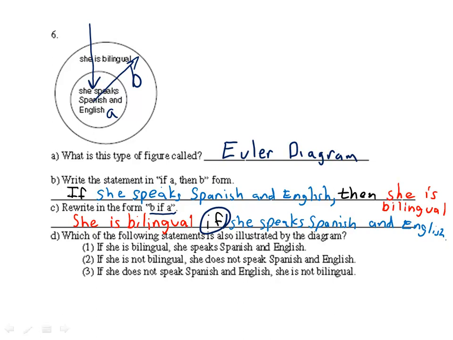She does not speak Spanish or English. Number 2 does. The Euler diagram will show two of our true statements. The conditional statement, if she speaks Spanish and English, then she is bilingual, or the negation of that reading in the opposite direction. If she is not bilingual, then she does not speak Spanish and English.